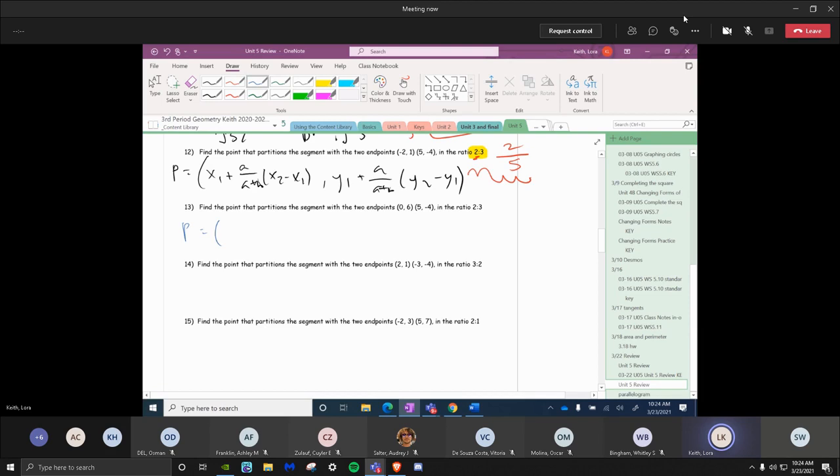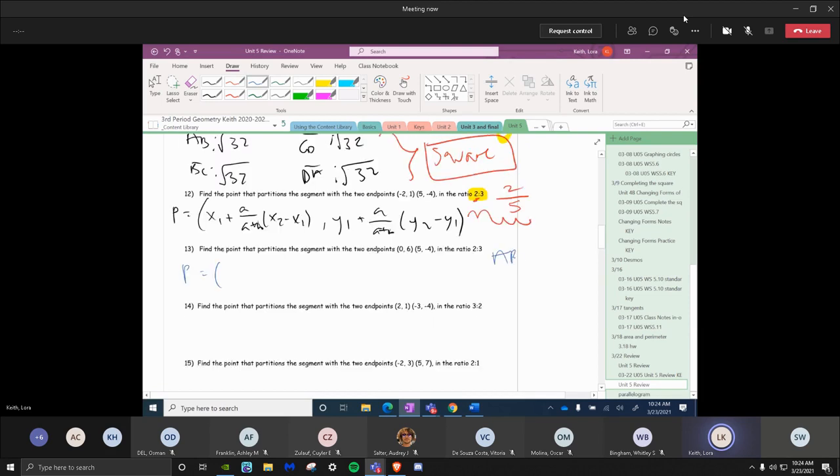So if it doesn't tell you that it's partitioning at A to B or B to A, you can just choose the first one to be x1, y1, and the second one to be x2, y2. But normally these line segments are called directed line segments. So if it's directed, that means that the direction matters. So if it says from A to B, that means call A x1, y1, call B x2, y2. If it says B to A, that means call B x1, y1, call A x2, y2.